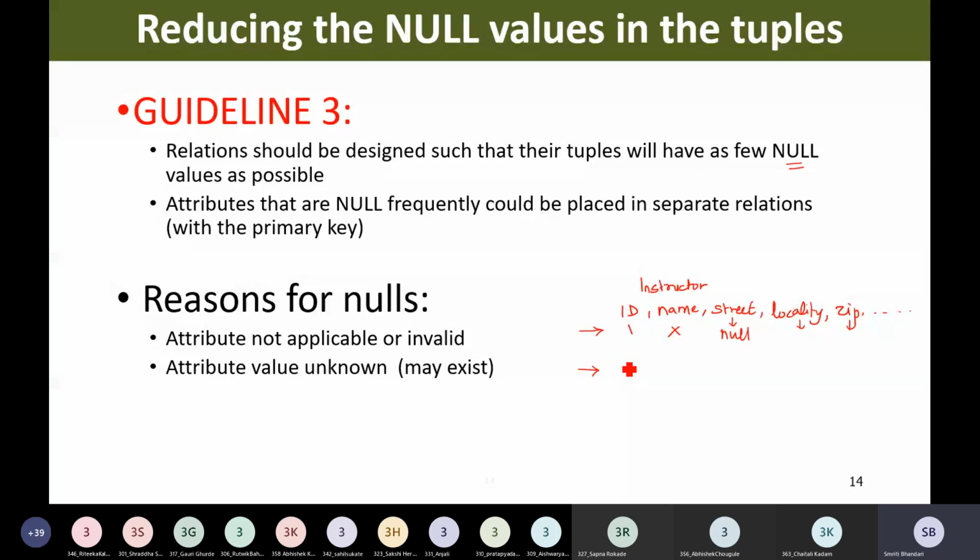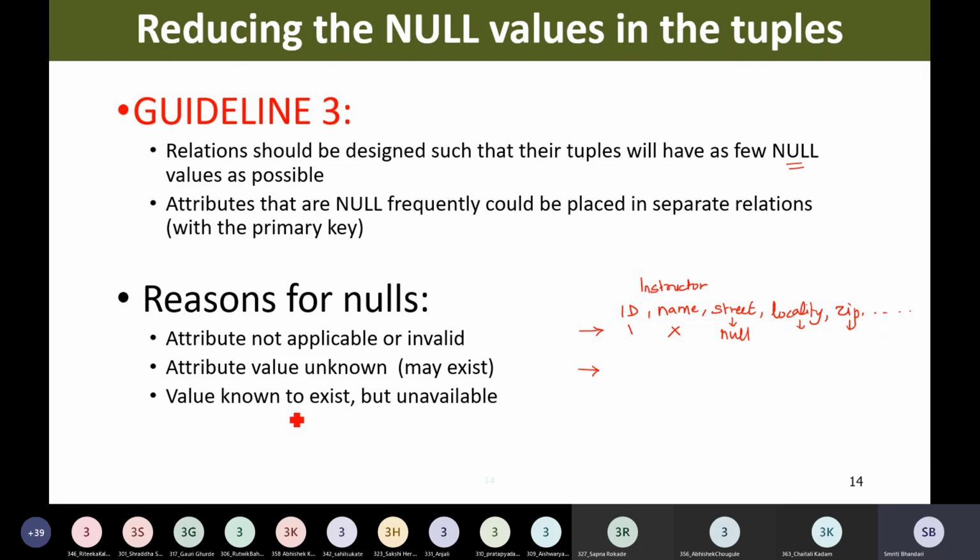But that value may exist, but we are not knowing whenever we are inputting the data. So if at the time of inputting the data, if we are not knowing that value, then also we need to input the nulls. So that is the second reason for having the null values.